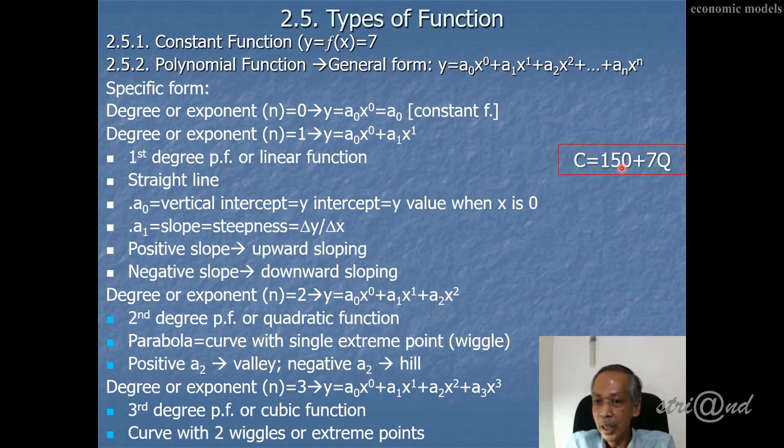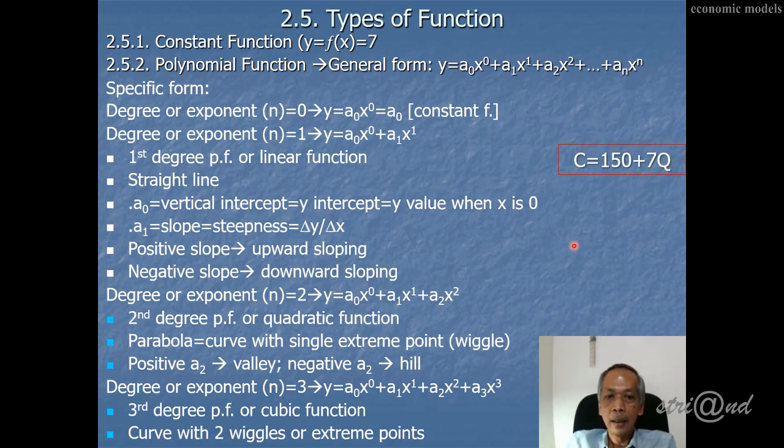And normally in mathematics, if the c here is the endogenous variable, it will be placed on the vertical axis, and the q will be placed on the horizontal axis. So the 150 here will be the vertical intercept, the total cost when the quantity is 0.